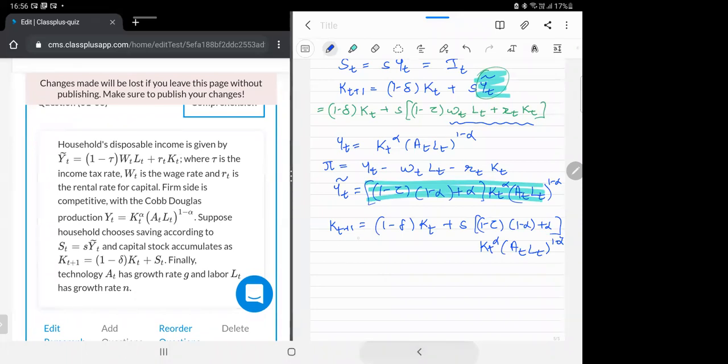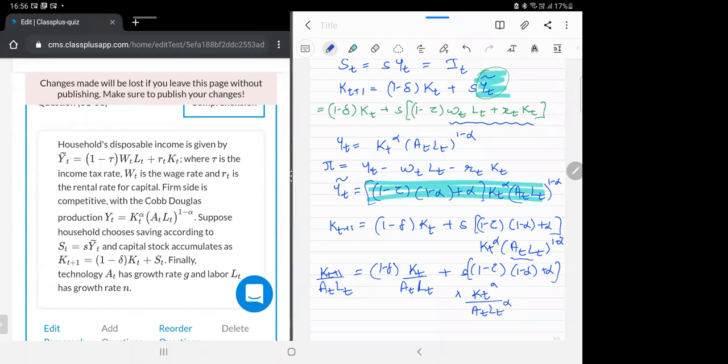If I divide by A_t L_t, what I get is K_{t+1}/(A_t L_t) = (1 − δ) K_t/(A_t L_t) + s(1 − τ)(1 − α + α) K_t^α/(A_t L_t)^α.